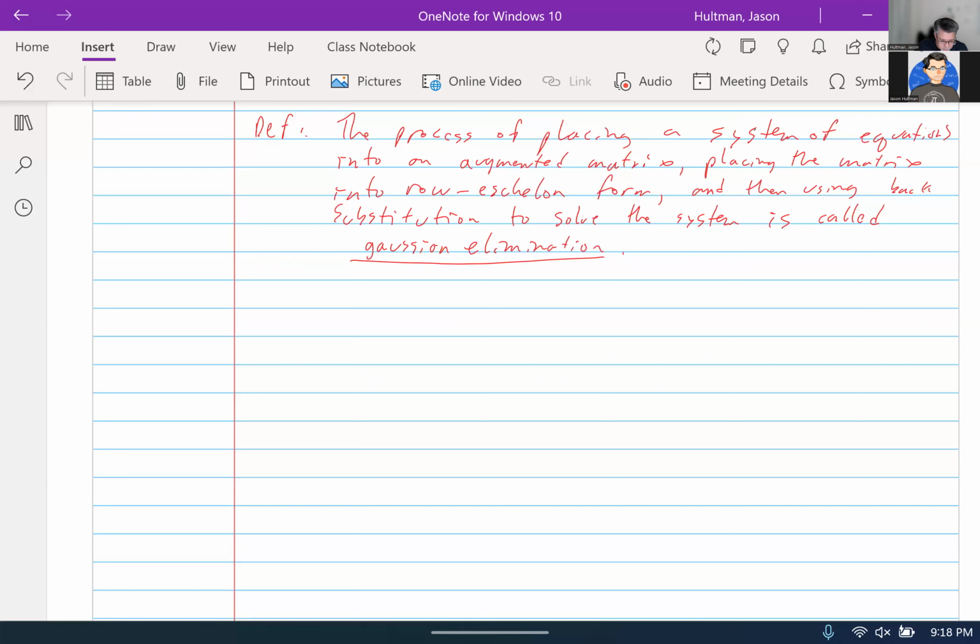Okay, example one: use Gaussian elimination on the following system.